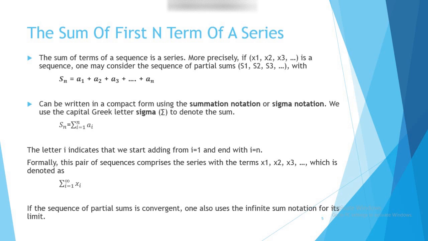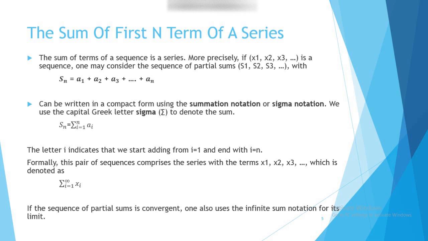So Sn represents the sum of the terms up to the nth term. Similarly, S1 equals the sum of the first term, which means actually the first term, and S2 equals the sum of the first two terms, and so on.